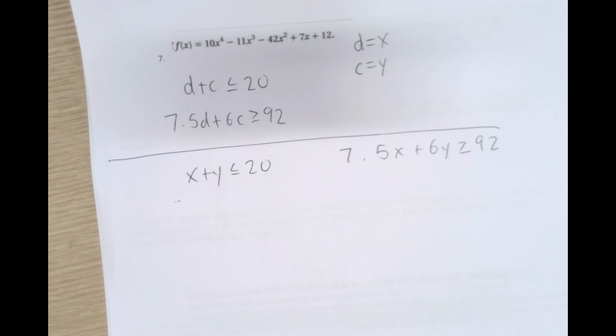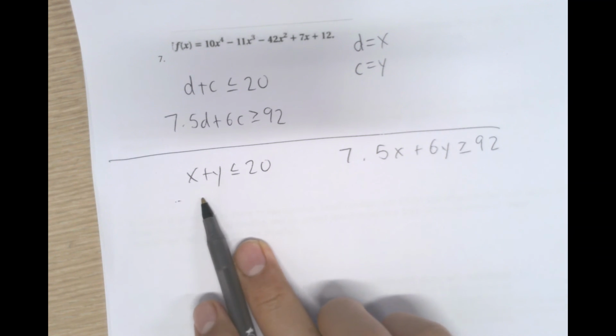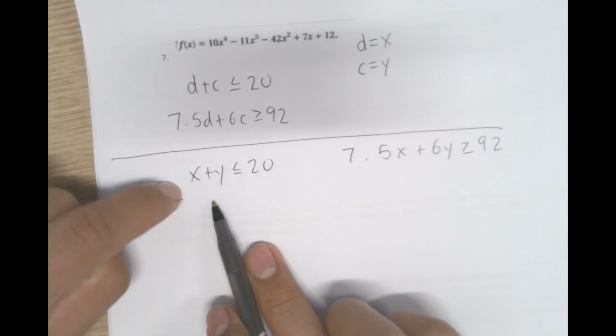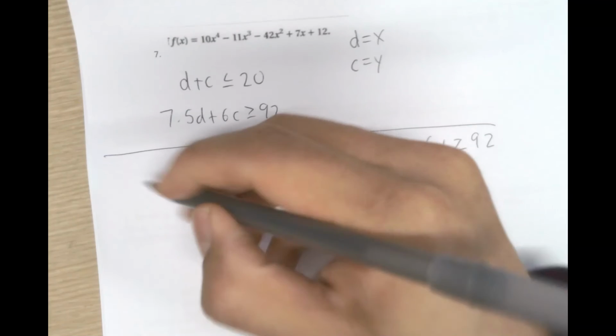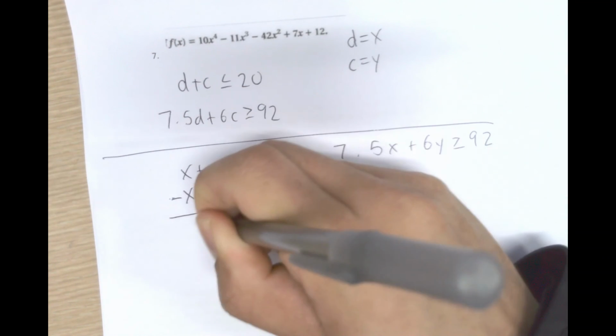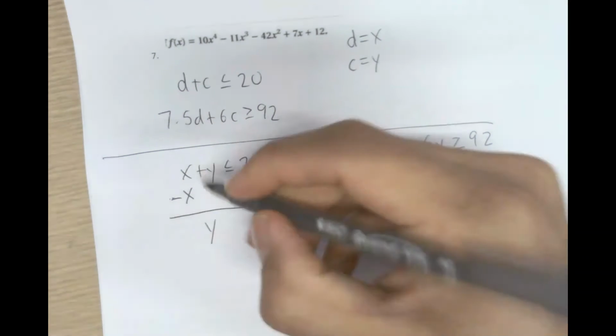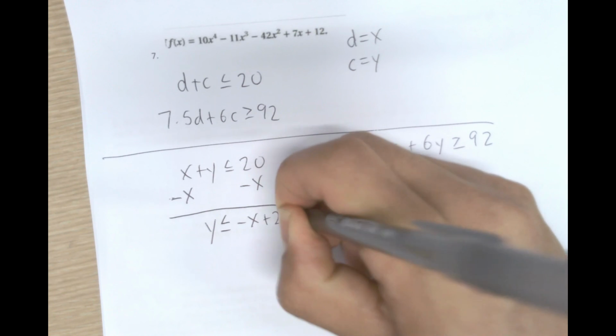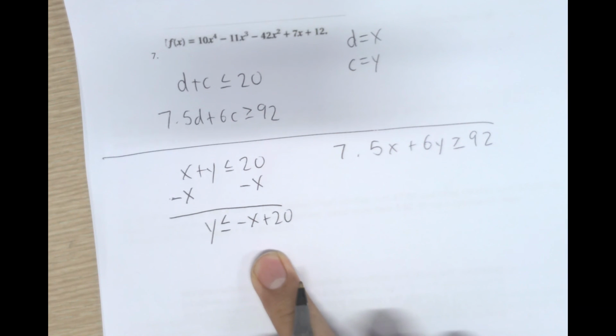In this first equation, I'm converting D plus C is less than or equal to 20 to x plus y is less than or equal to 20. So I'm going to first subtract x from both sides. And you can see here, now y is by itself: y is less than or equal to negative x plus 20. I would be able to graph this on my own, right? This looks really familiar.